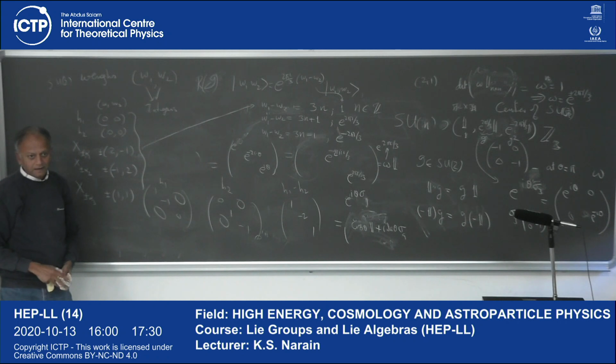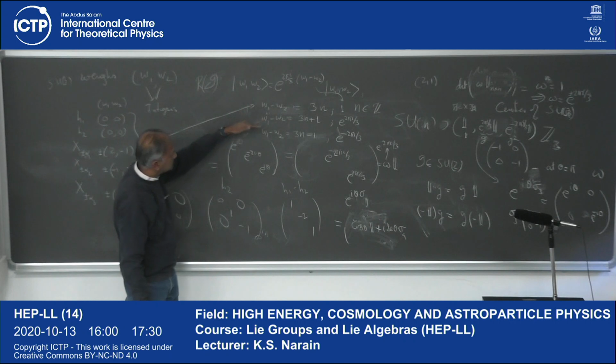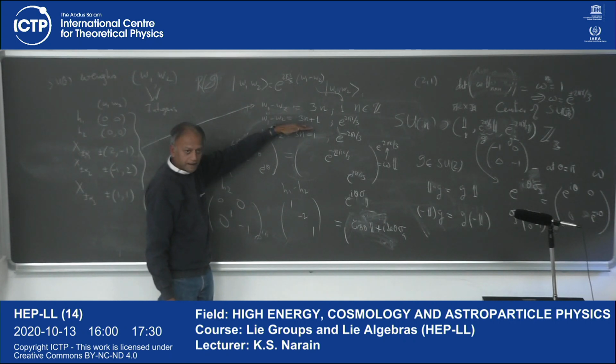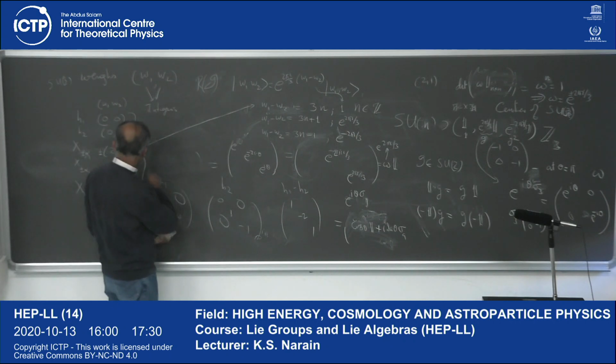So that means if I start with some weight which is in a given class, how am I going to get other weights in that representation? Other weights are given by applying these generators. But that's not going to change the class. Suppose I act with X plus or minus alpha 1 on a W1, W2. What am I going to get?